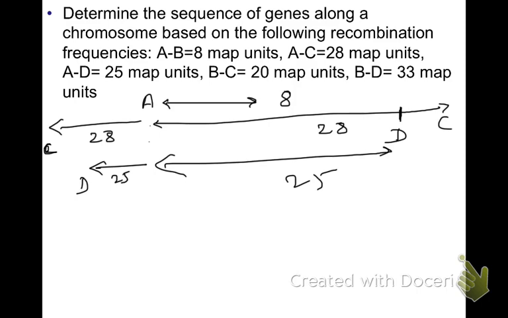Okay, then B to C, okay, A to B was here. Okay, so B to C is 20 map units.